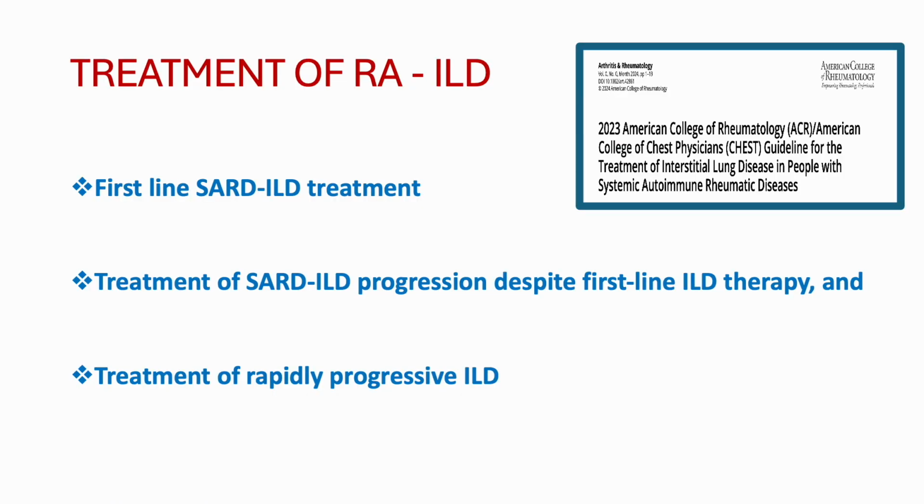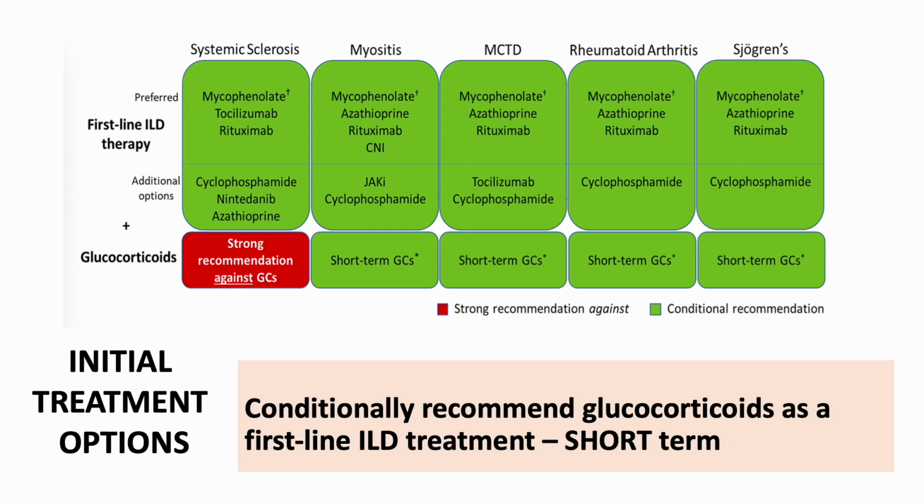Coming to treatment of RA-ILD, as I said, I've covered it in my SARD-ILD lecture for all of the SARD-ILDs, but today I'm talking on only rheumatoid arthritis. So here, again, for first-line ILD therapy and management, glucocorticoids are additionally the mainstay of treatment. Remember, glucocorticoids have to be given short term and not long term.